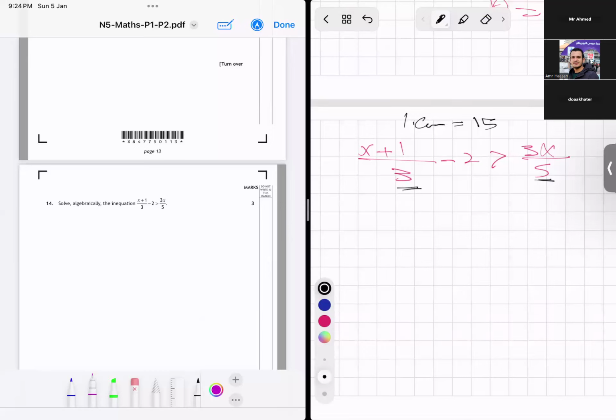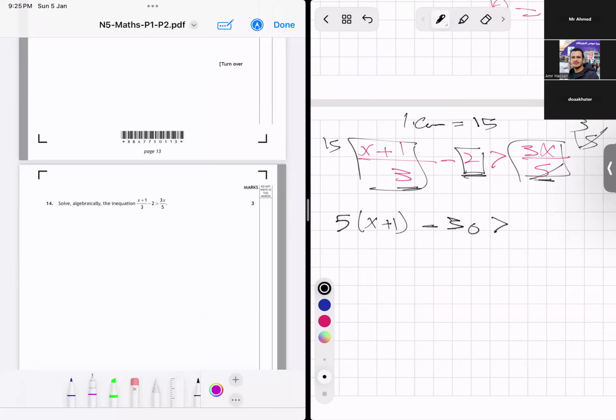And then multiply 15 by everything, in there also 15, 15 there. So 15 divided by 3 is 5. Let me write 5 times x plus 1, minus 15 times 2, 30, greater than 15 divided by 5, 3, 9x. Yeah, perfect.